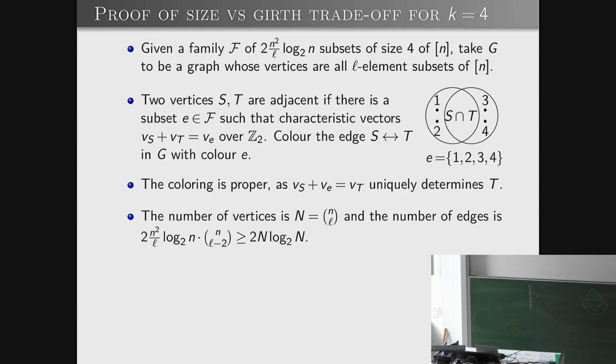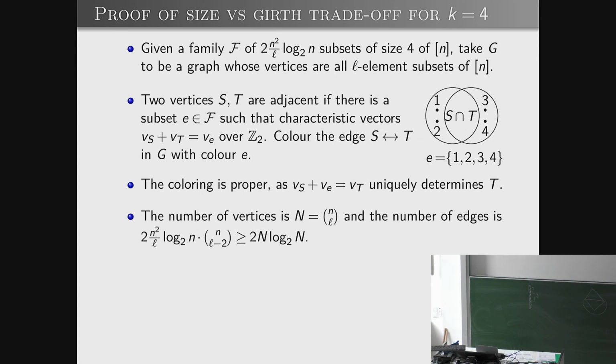Now I will not do the computation, but the numbers are cooked so that I can check that this expression is precisely twice n log n. And now you remember this previous lemma. I told you, if you take an arbitrary graph on n vertices with twice n log n edges, which is properly colored, it should have a cycle with unique color.